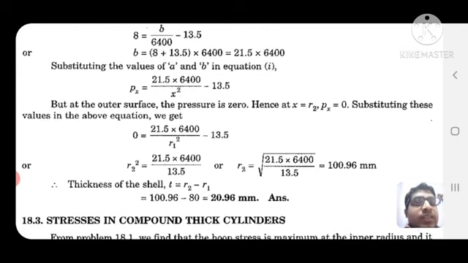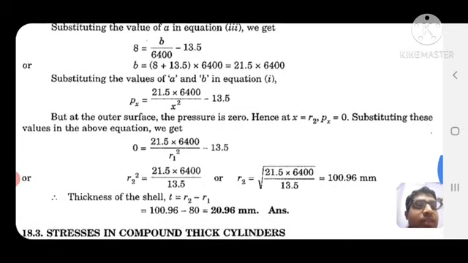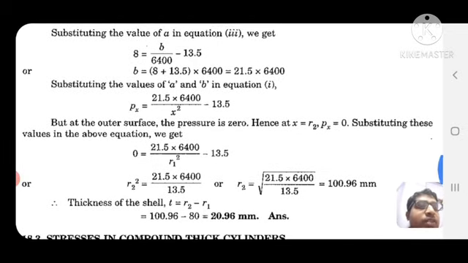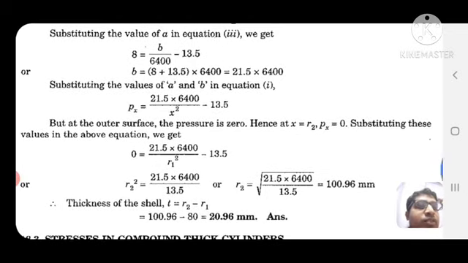But at the outer surface the pressure is 0. Hence, at x equal to R2, Px equal to 0. Substituting these values, 0 equals 21.5 into 6400 divided by R2 square minus 13.5. So R2 square is equal to 21.5 into 6400 divided by 13.5.